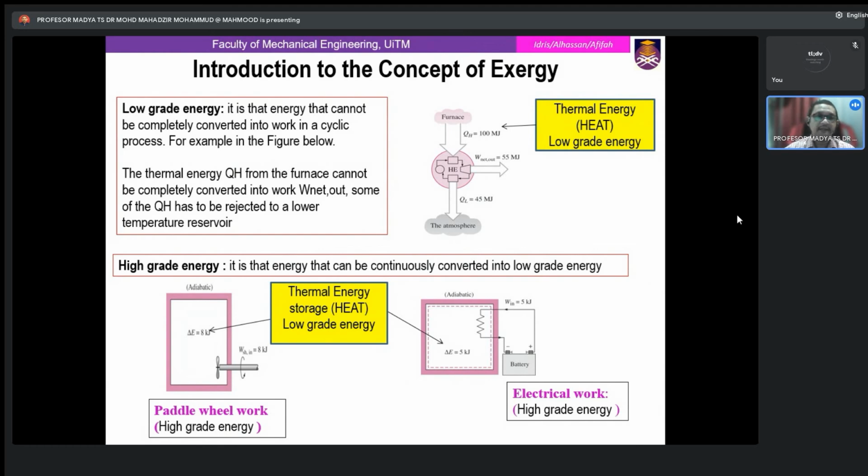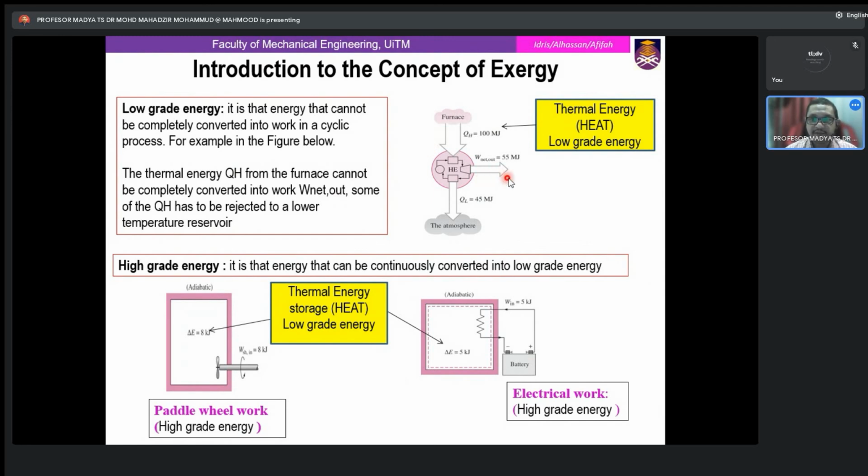As you see in the slide, low grade energy is the energy that cannot be completely converted into work in a cyclic process. For example, you can see at the right side, the heat engine. The thermal energy, heat at a high temperature from the furnace, cannot be completely converted into work.